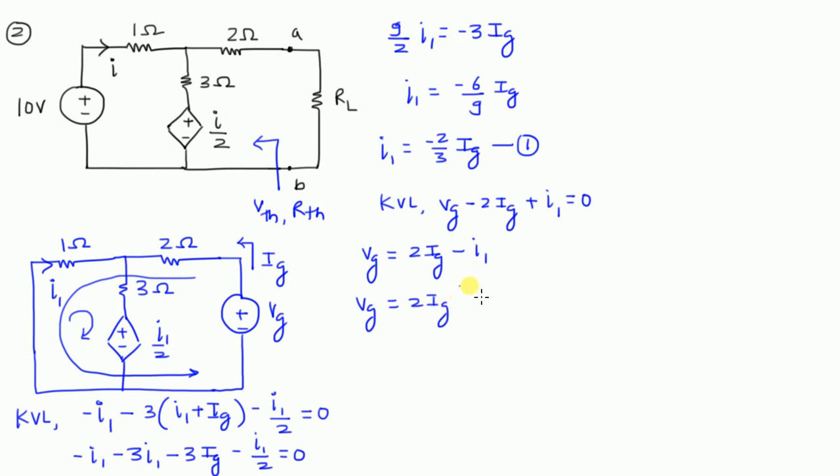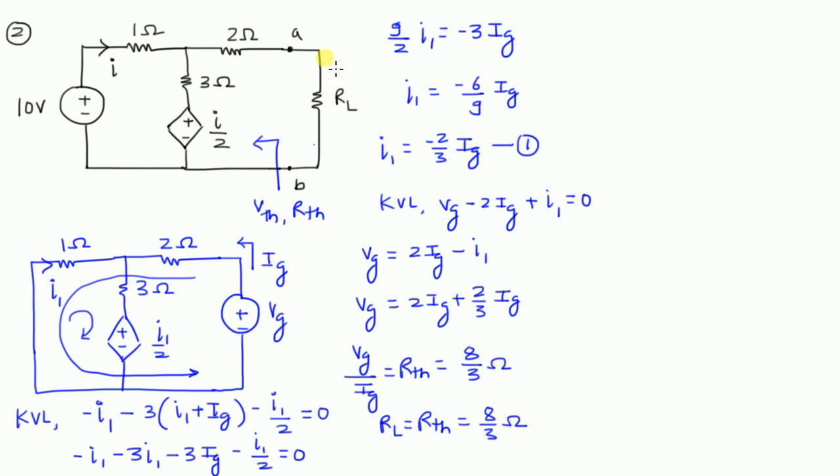I1 is minus 2 by 3 IG, so this will be (2 plus 2 by 3) IG. So VG by IG is RTH, which is 2 plus 2 by 3, 6 plus 2, 8 by 3 ohm. So power absorbed by load resistance is maximum when it is equal to RTH, that is 8 by 3 ohm.